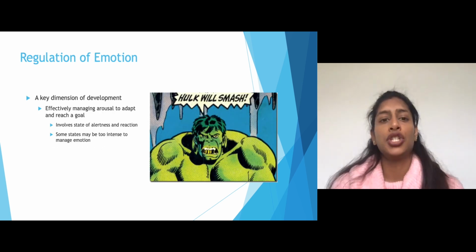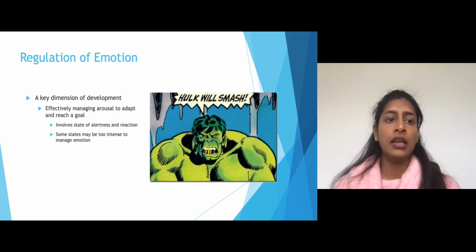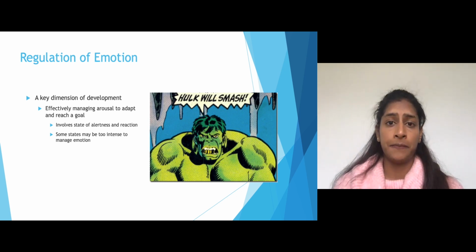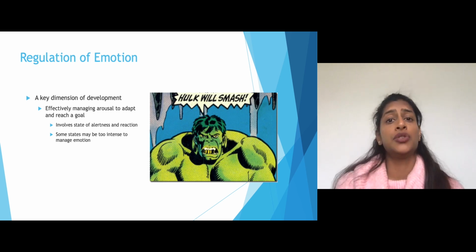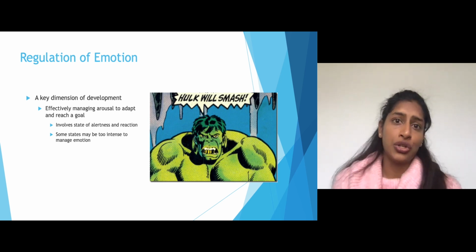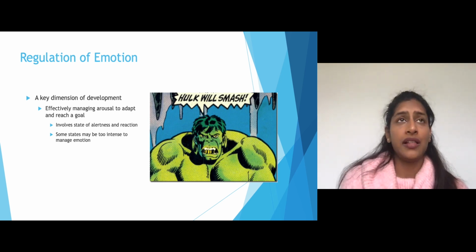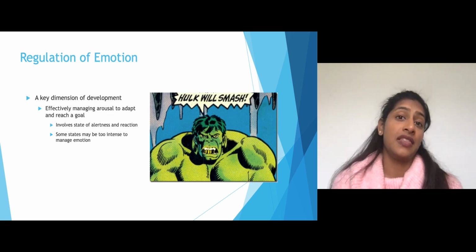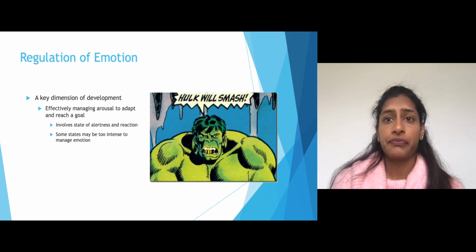A key dimension of development then is effectively managing our emotions. And we call this emotional regulation. So while individuals are capable of having a wide range of emotions, how we choose to regulate that, or our ability to regulate that, is something that we learn over time.